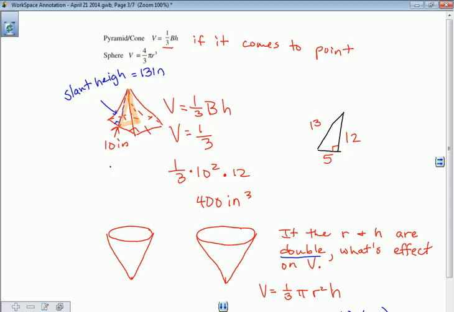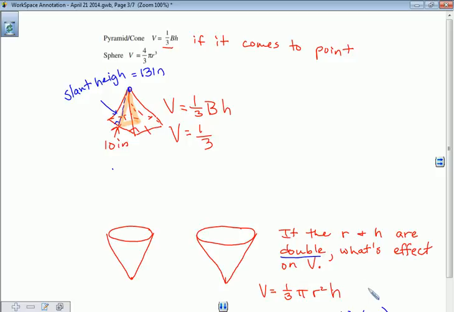That's good. All right, so now let's talk about pyramids and cones. And once again, they give us the formula. Very nice of them. All right, so we know it's a pyramid or a cone if it comes to a point.